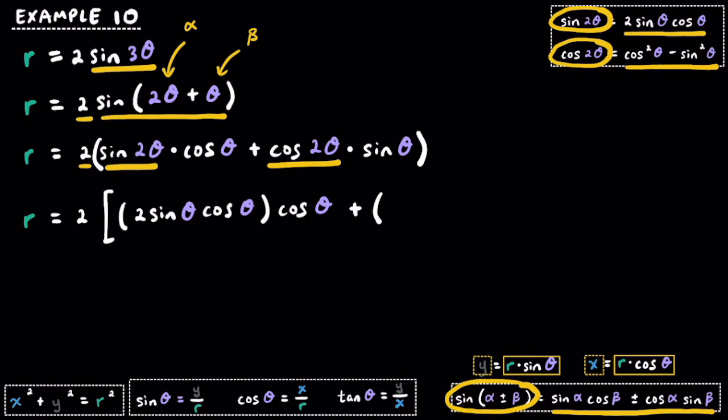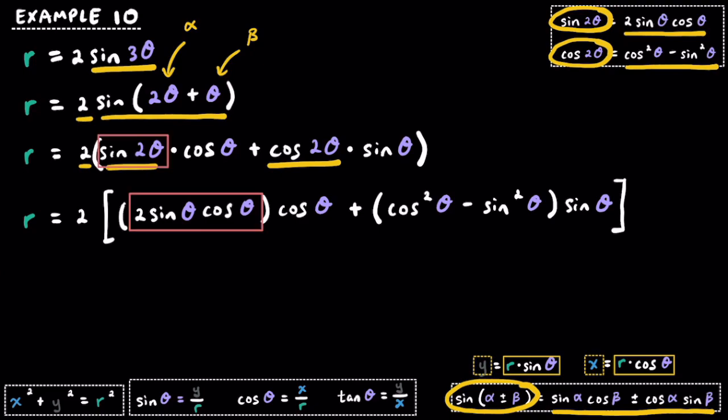Well, we can make a substitution using our double angle formula, and that's going to be cosine squared of theta minus the sine squared of theta. This whole thing is going to be multiplied by the sine of theta that was already there. And there you have the substitutions using our double angle formulas. Here was one of our double angle formula substitutions, and this was the other.